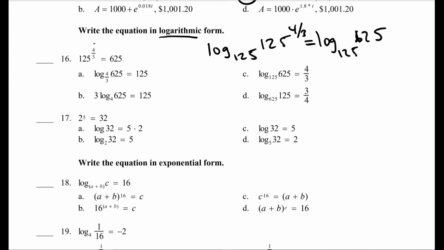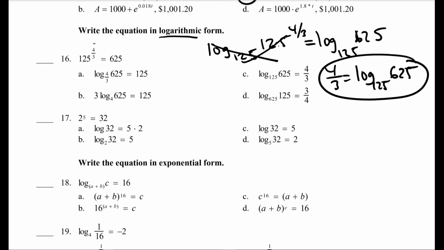All right, so now the log base 125 and the 125, notice that the bases match, so they cancel. So now we have 4/3 equals log base 125 of 625. So it looks like our answer is C.